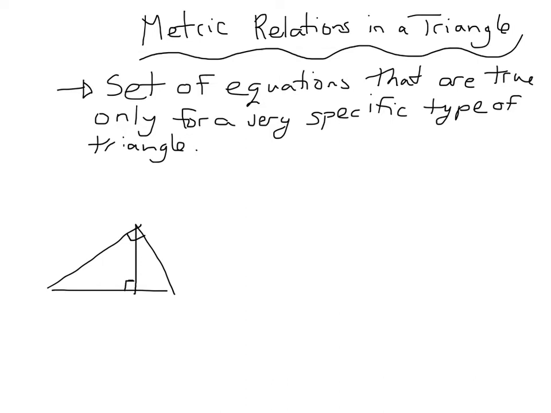The first key thing for metric relations in a triangle, it's very important how we label the triangle. The way that we are going to label the triangle, and the reason I asked for someone to give me their yellow book, is because the way they label it in the yellow book and the way they label it in the Visions book are different. And if it's labeled differently, the equations change. So I'm going to label it the same way they do in the Visions book because that's the book we work from the most often.